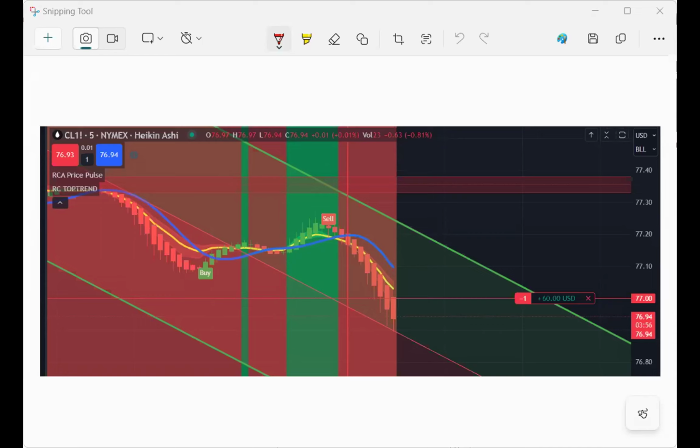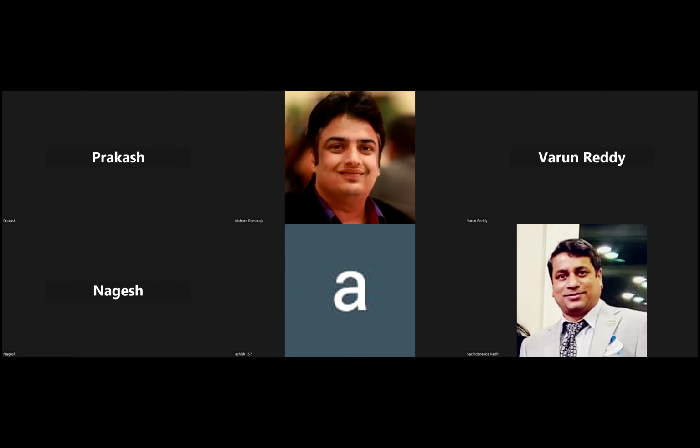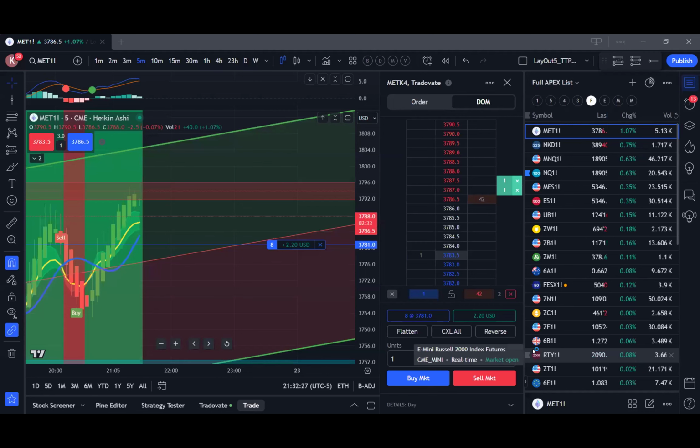Can you show me the button where you are clicking the reverse? Right, you have a reverse here: cancel all, flat and reverse. Oh, there is a reverse. Okay, it's a limit order.